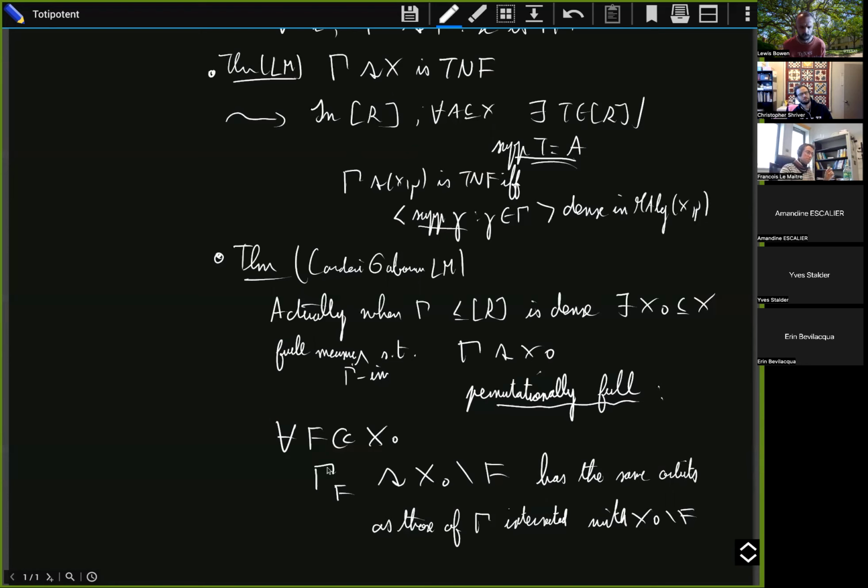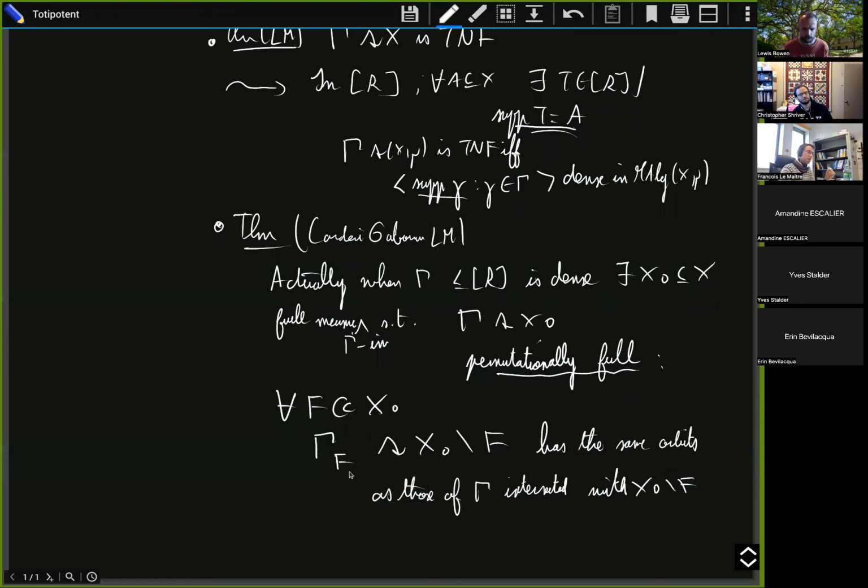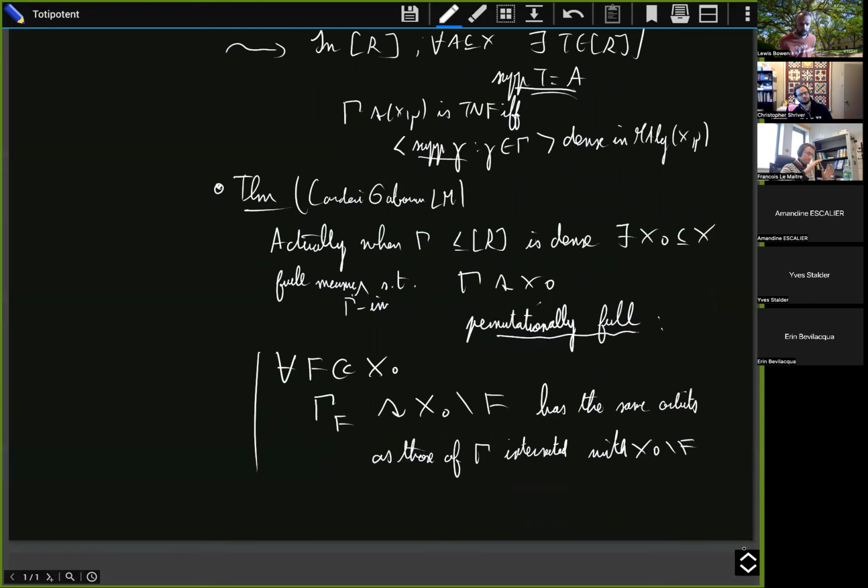So in particular, this definition can be reformulated as: if you give me finitely supported permutations on finitely many orbits, then there is an element of the group gamma which acts exactly like these finite permutations on each orbit.